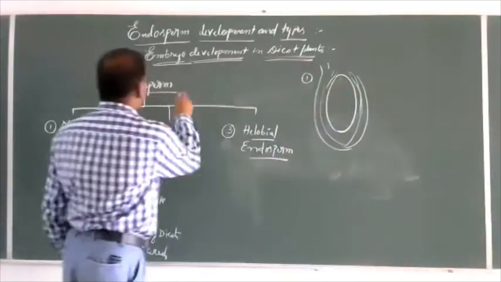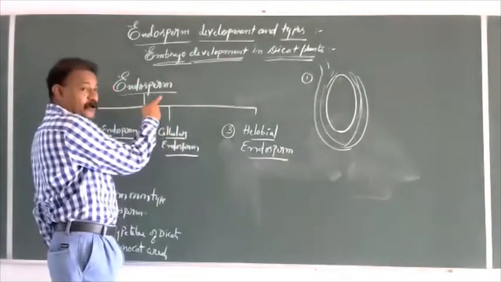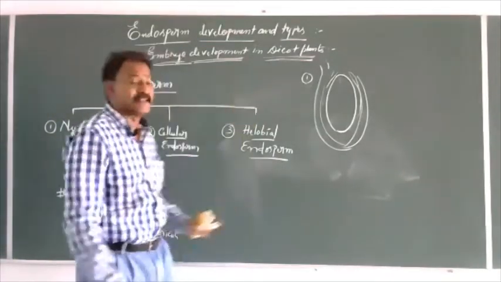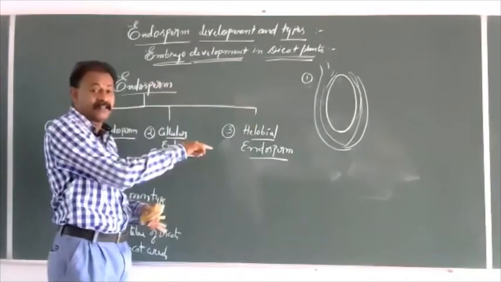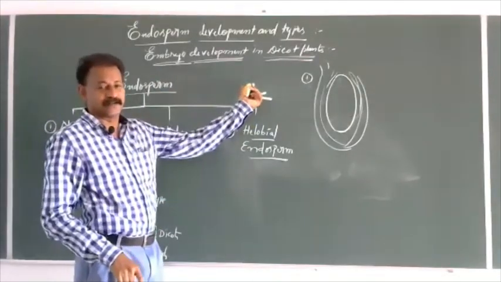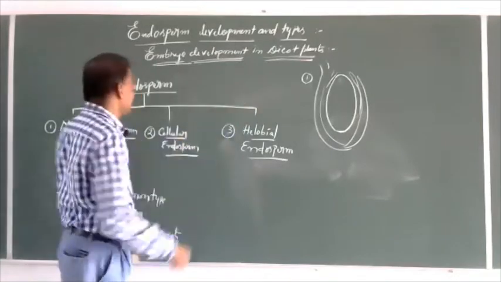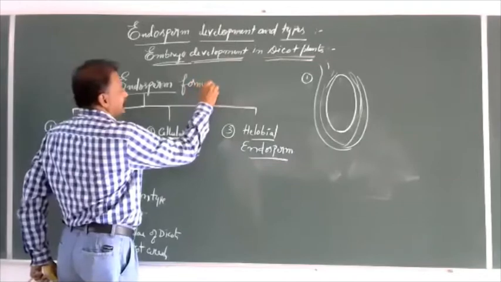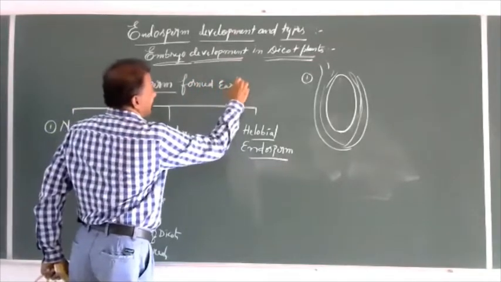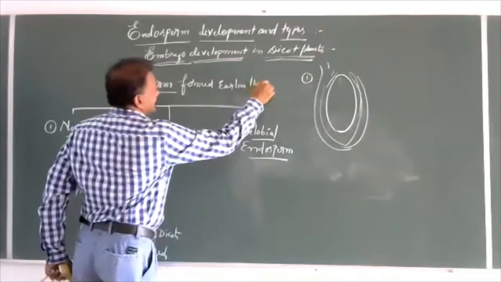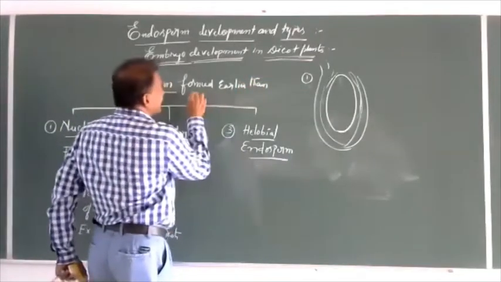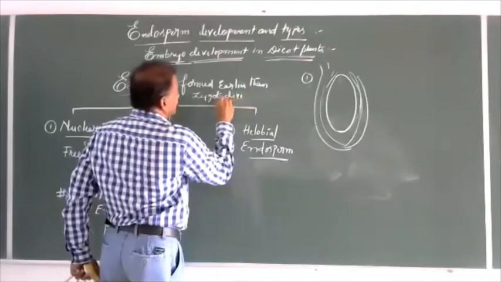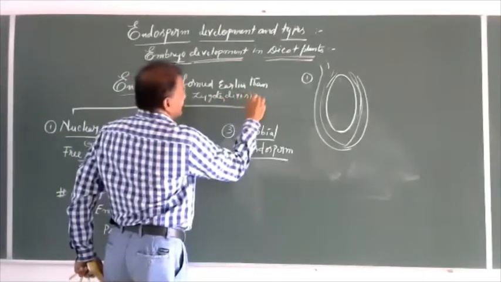So the first concept is endosperm precedes the formation of zygote. It means endosperm is formed before the zygote develops into embryo, earlier than zygote division into embryo.